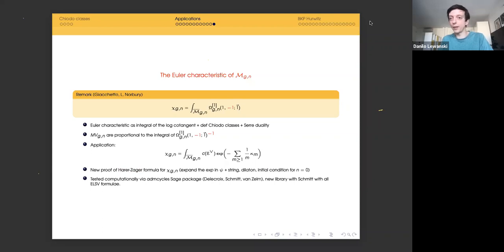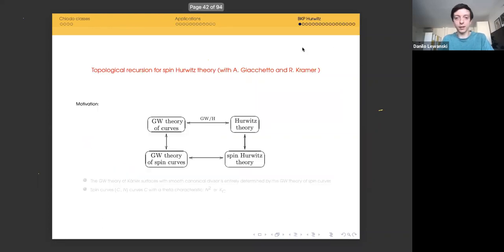Okay, so with this, I wanted to convince you somehow that Chiodo classes are everywhere. And in particular they are also in this last work with Alessandro Giacchetto and Reinier Kramer. And let me introduce a little bit first the motivation why we started this. We started this because we like topological recursion and we want to understand better how this works in other settings and for other integrable hierarchies.